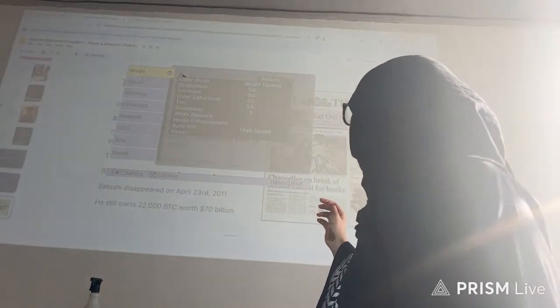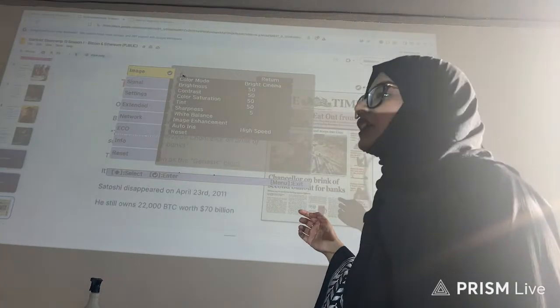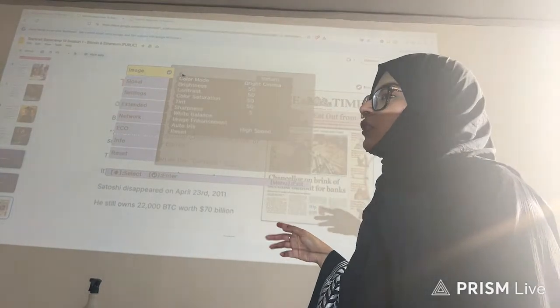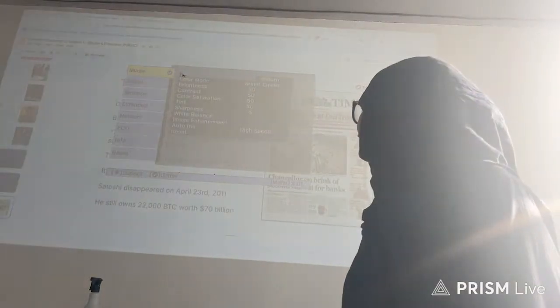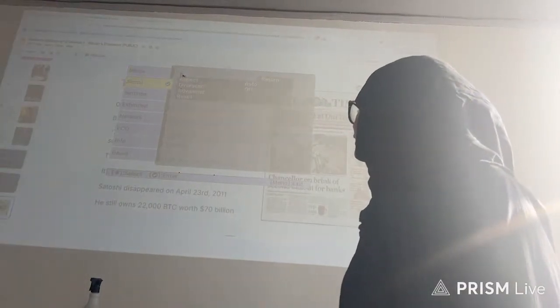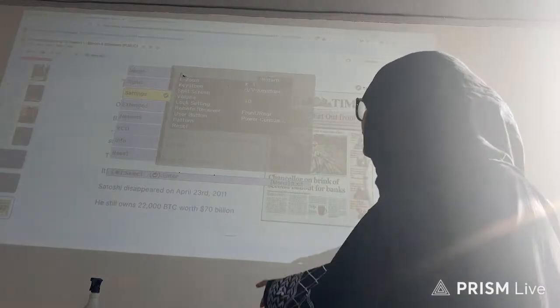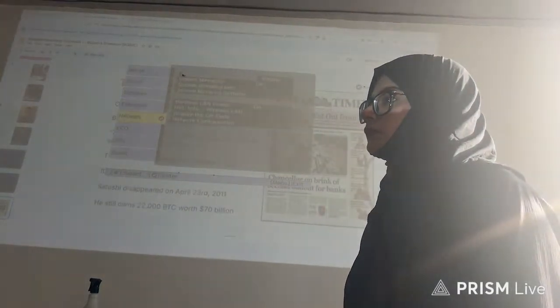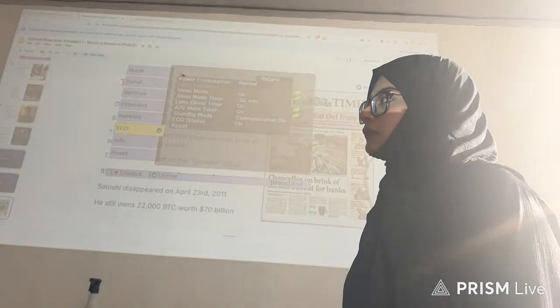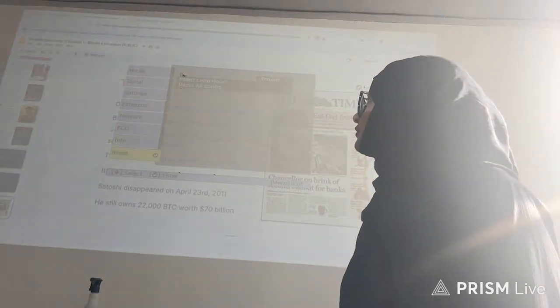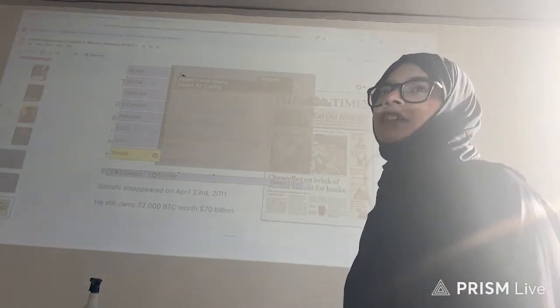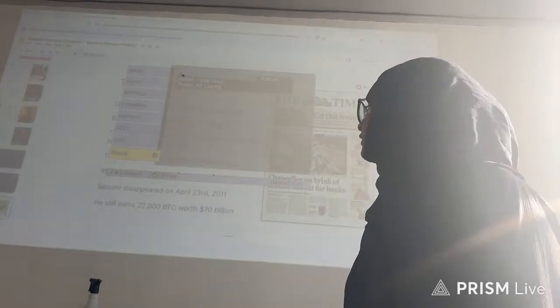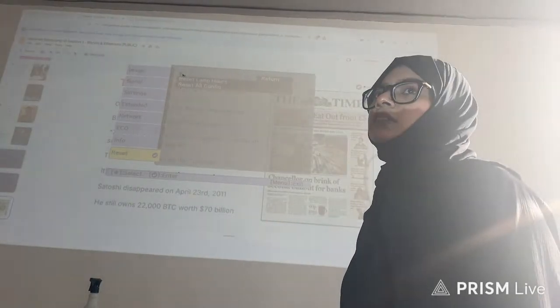The 22,000 Bitcoin is worth $100 billion. Yeah, it's more. This is a bit of an old presentation. And the second largest holder of Bitcoin now is Michael Saylor, right? Or is it the ETF? Satoshi owns like 1 million, by estimate.